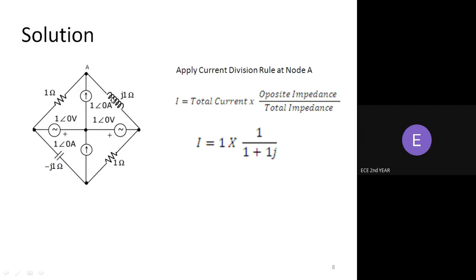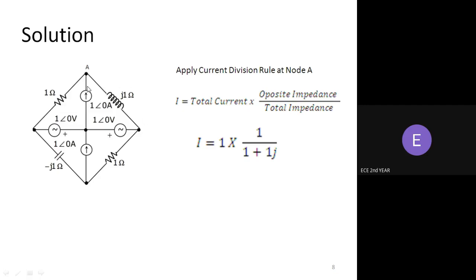The formula is: current through the inductance I is equal to the total current into the opposite impedance divided by the total impedance. Here the total current flow is 1 ampere. There are two branches, 1 ohm and 1j ohms. We need to calculate the current on this inductance.